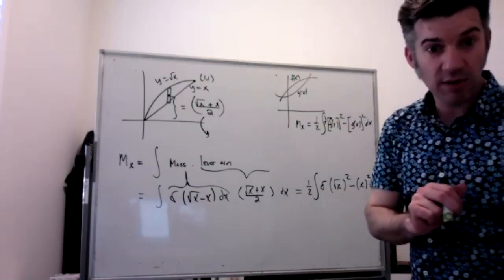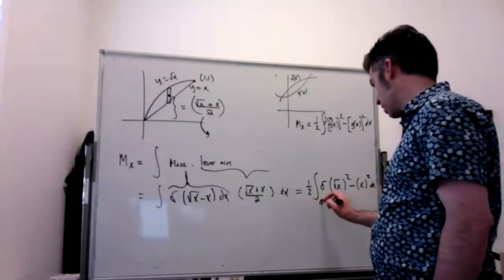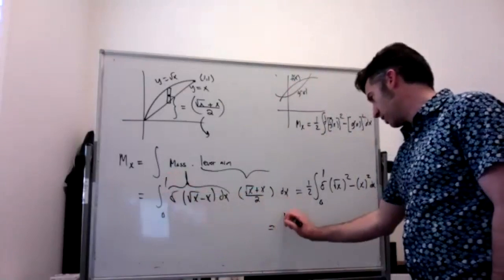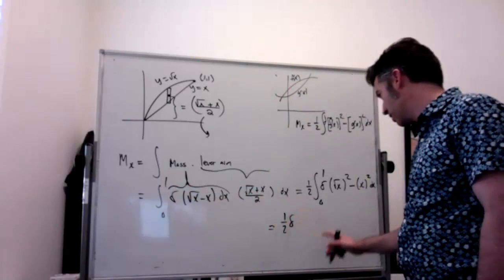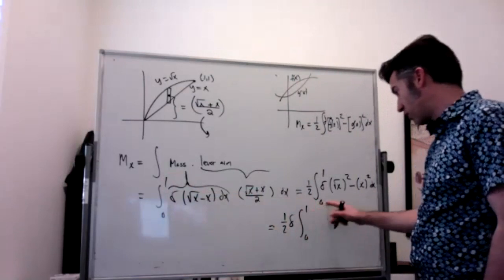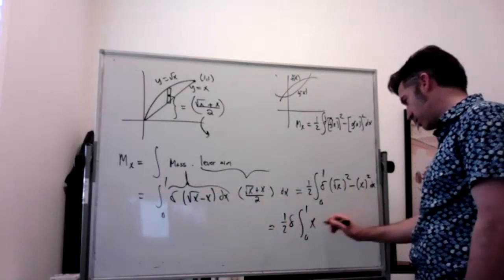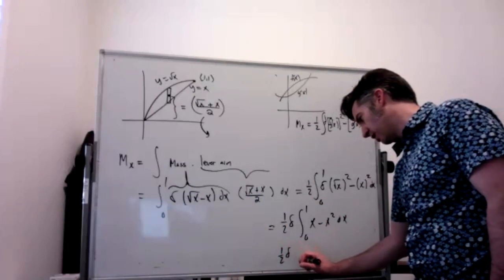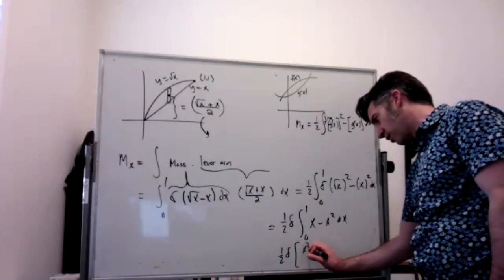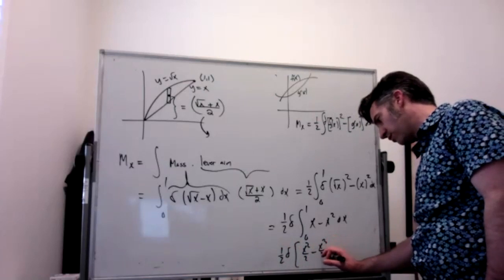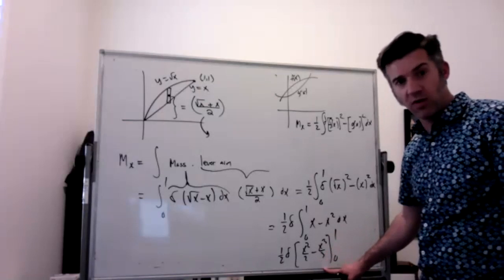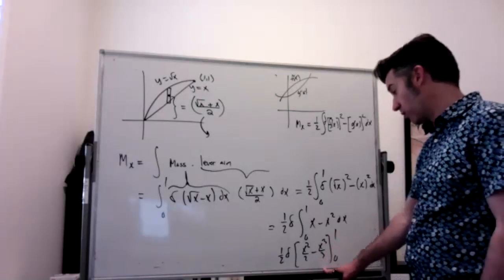It is the same. Let's check and see. Limits of integration is 0 to 1. If we do this, we get 1/2 delta integral from 0 to 1. Square root of x squared is x. Integrating this, we get 1/2 delta times x squared over 2 minus x cubed over 3, 0 to 1. So we get 1/2 minus 1/3, which is 3/6 minus 2/6, which is 1/6.